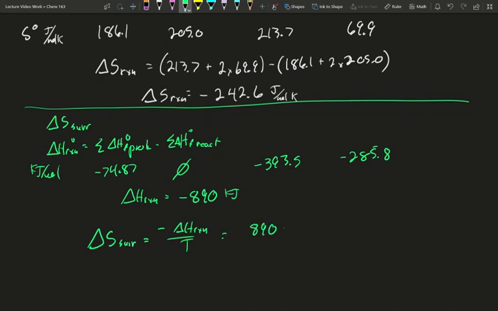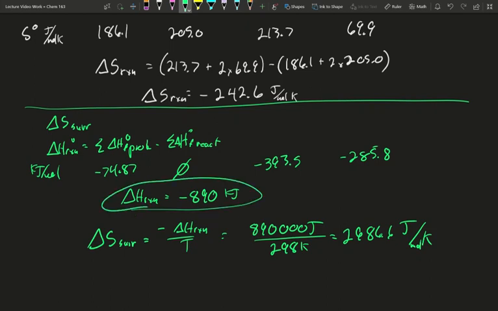And that'll be 890,000 joules over the standard state temperature of 298 Kelvin. This comes out at 2,986.6 joules per Kelvin, and since we are doing a mole of the balanced reaction, the mole actually shows up in here as well. It's occasionally an odd part. It looks like it calculates out.